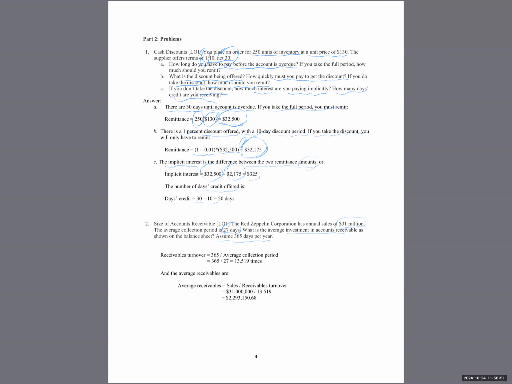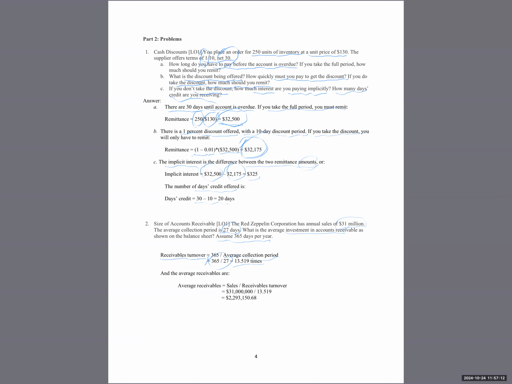So first calculate the receivable turnover. Receivable turnover is calculated by 365 days divided by the average collection period. The average collection period is 27, so 365 over 27. The receivable turnover is 13.519 times.